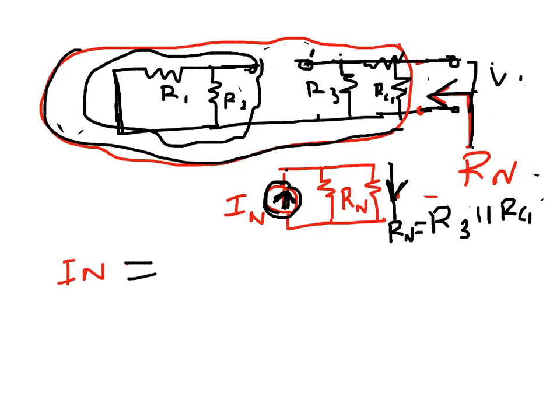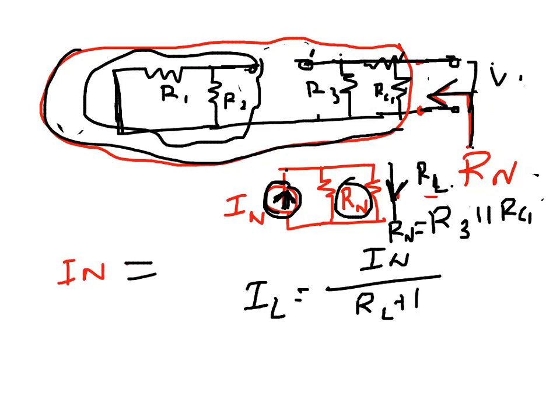So that's why this is the direction of the current, and this is the resistance here, and then we can just solve to find whatever current or resistance here. So IL will be IN over RL plus RN times RN, just by using the current divider rule.